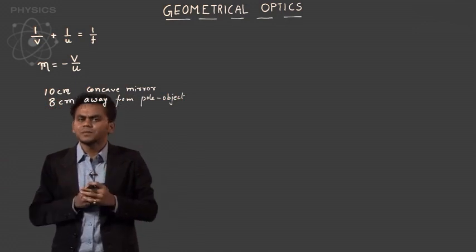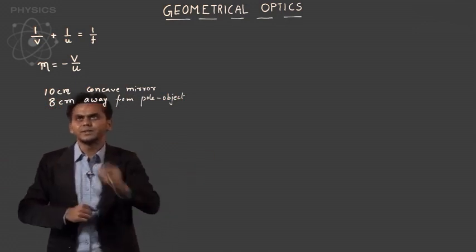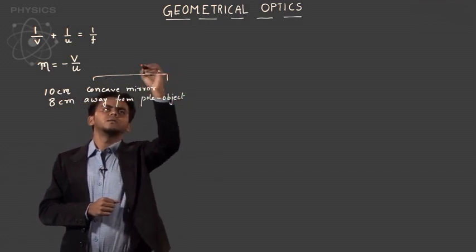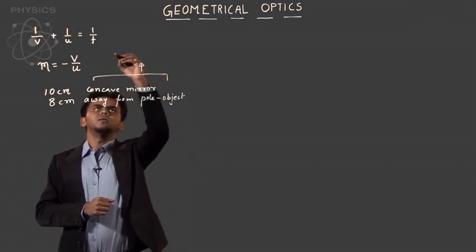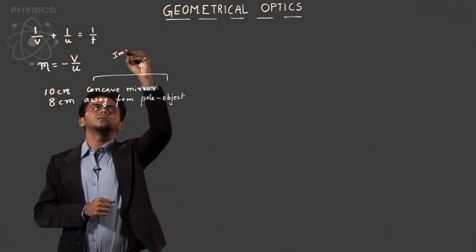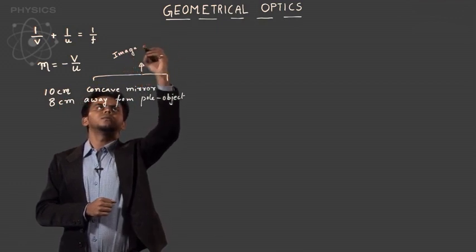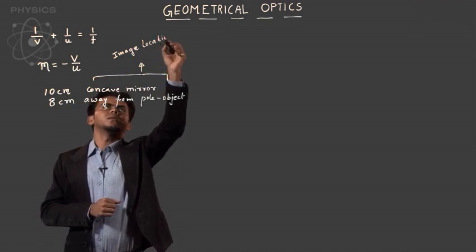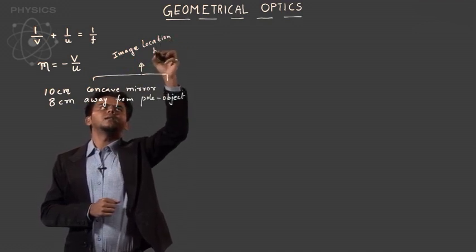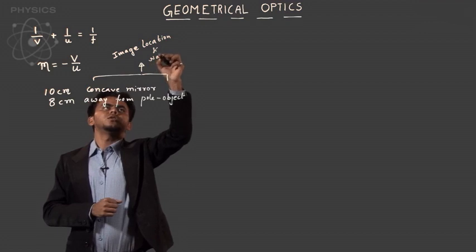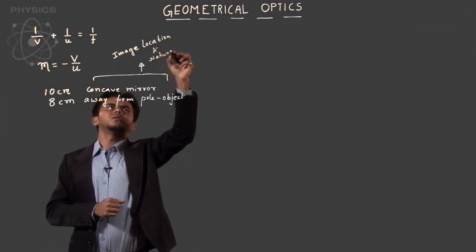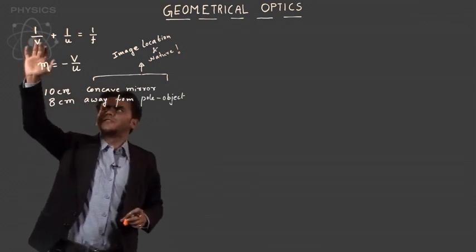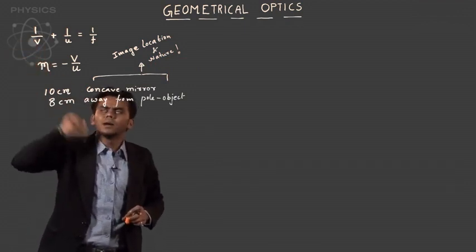When I say nature, I mean magnification and other things. So in this question, what you have to find out is the image location and the nature of the image. How do you find this out? I have to use this formula and this formula.